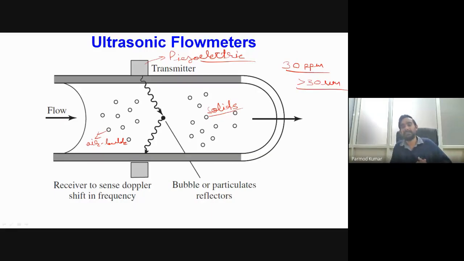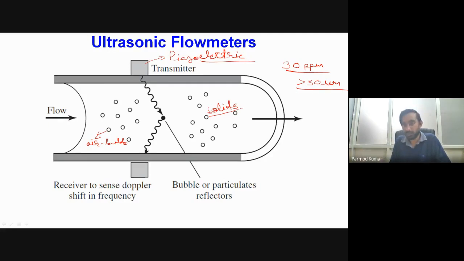That was the initial criterion employed for measurement of the flow. Later on, there were many advancements in the development of ultrasonic flow meters.